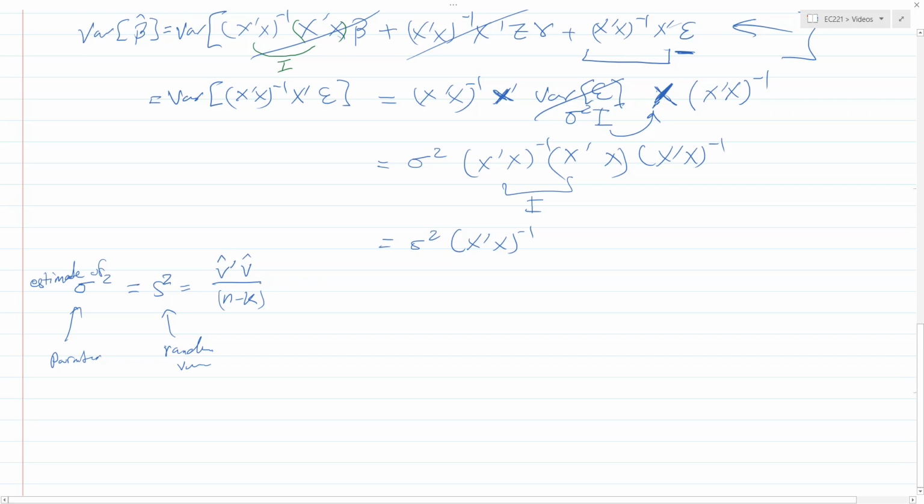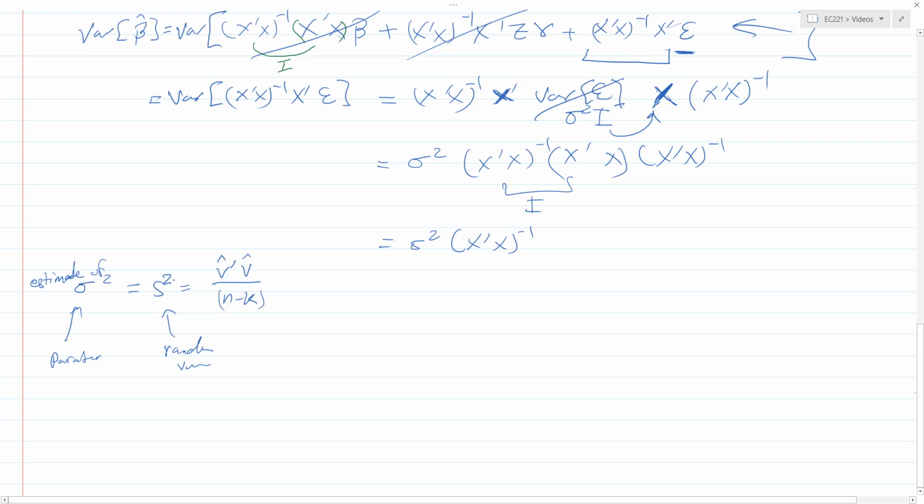We have less information. These are not going to meet our assumptions, being that they don't have an expectation of 0, and that's going to mess up our estimation of sigma squared.